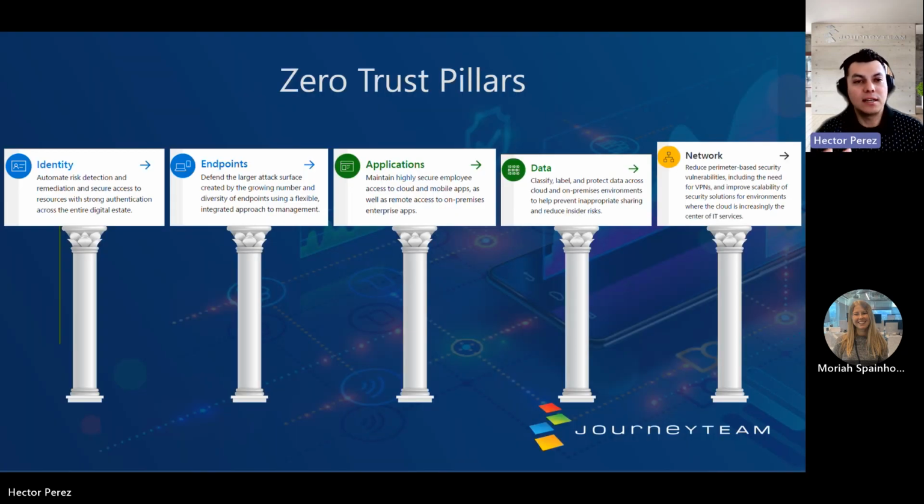So focusing on zero trust and what we can do and how we can strategize around this, we lay out and look at different pillars of zero trust in general. And those are laid out here. You can see it starts with identity. We have endpoints, we have applications, we have data and your actual network, because we are still very much in a world where we have hybrid environments, and this is still applicable to them as well.